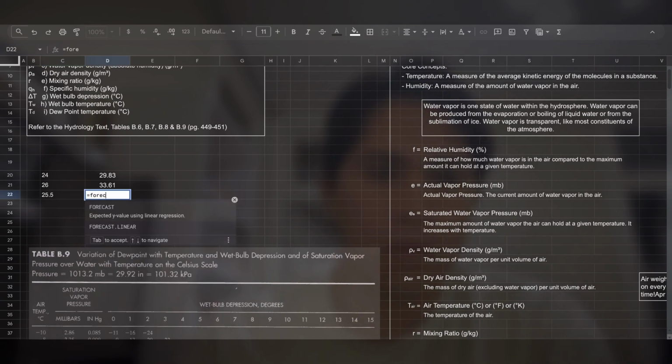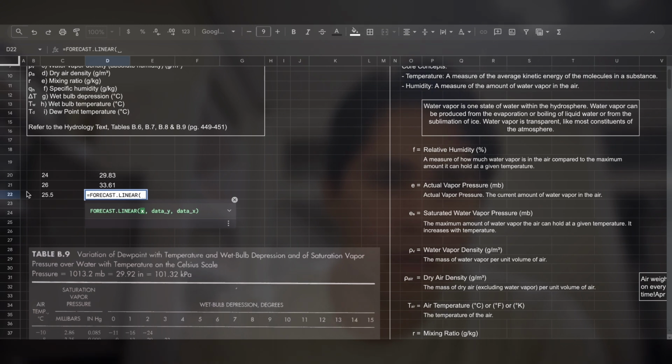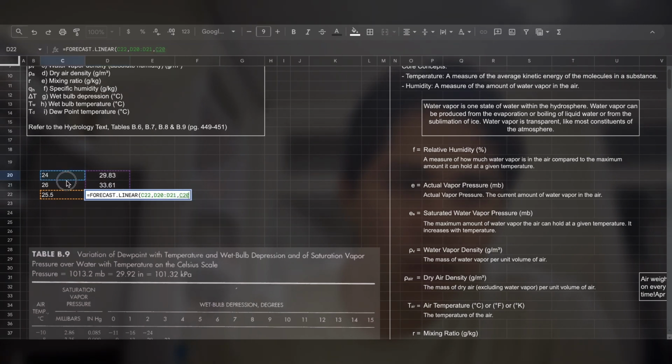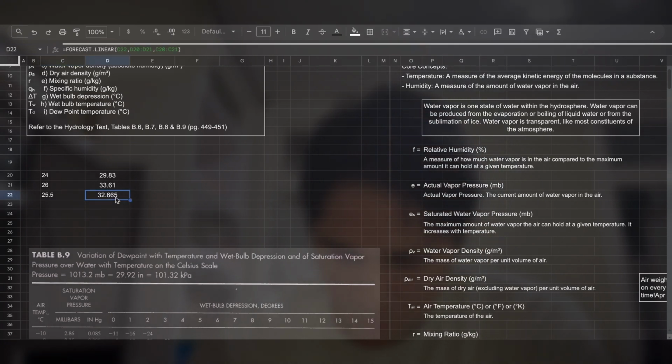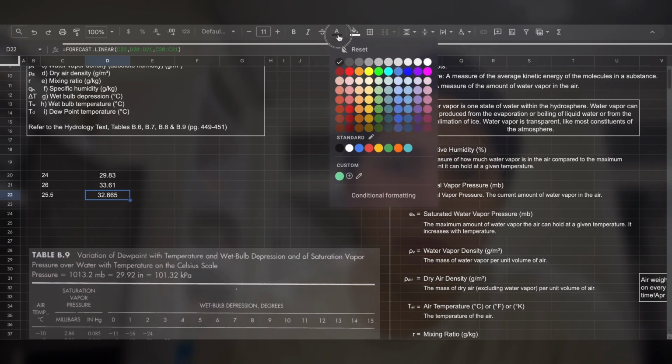So we're going to use our linear forecast, and we're interested in this value, 25.5, our data in Y will be this, and our data in X will be this. So our answer will be 32.6665, or 32.67. And that's the answer for part A.